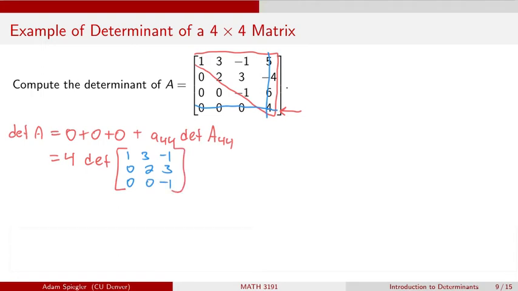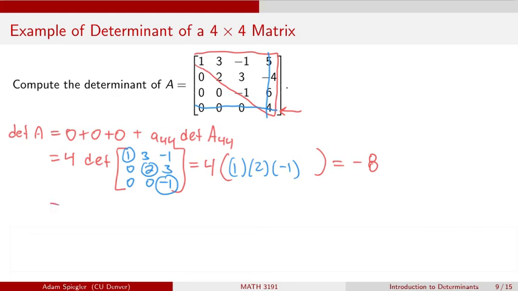And this submatrix A4,4, we can notice is upper triangular. And what we saw is that for upper triangular matrices, their determinants can be written as the product of the diagonal entries. So in this case, it's going to be a 1 times the second diagonal entry, 2, times a -1. And this gives us altogether a determinant of -2.